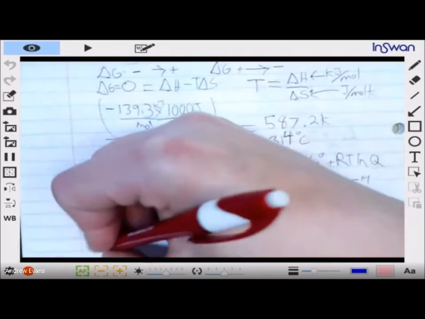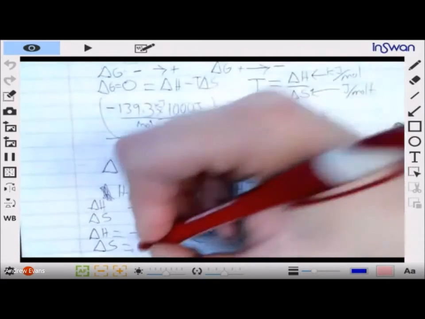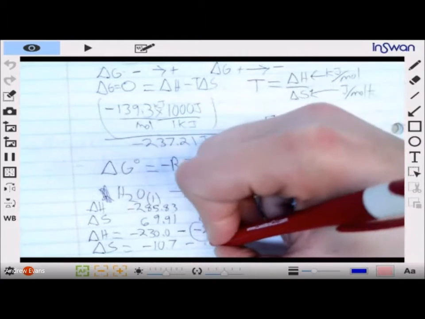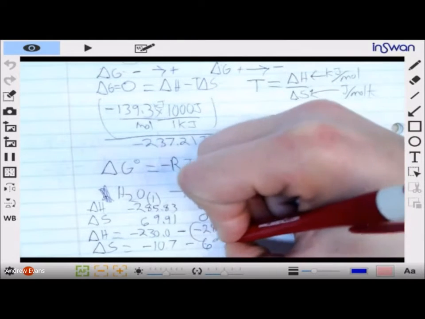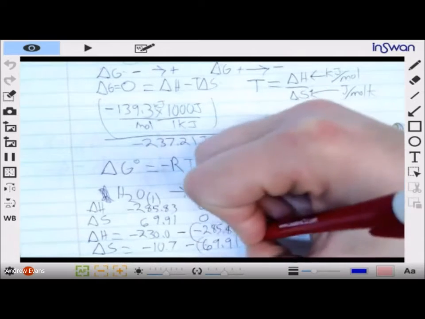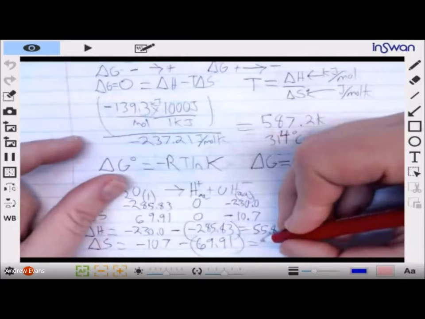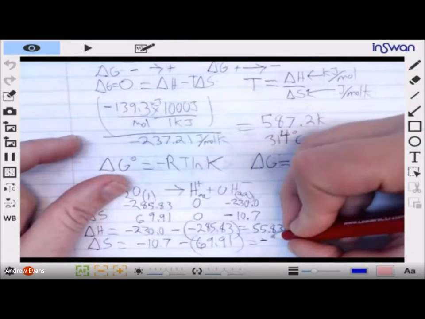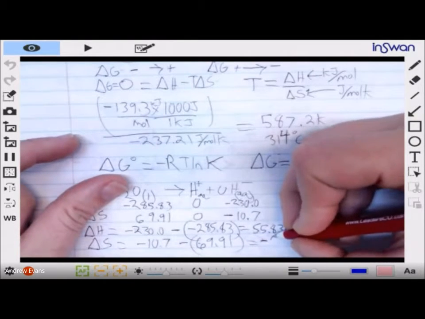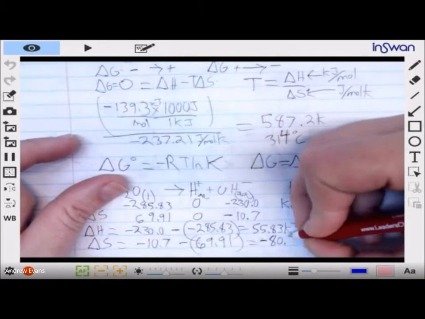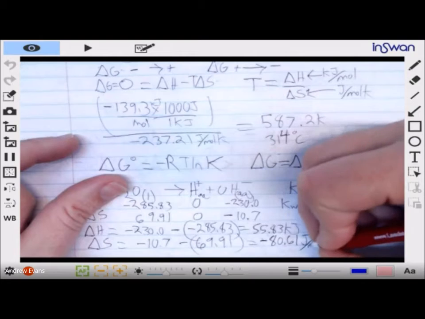Our S is going to be negative 10.7 minus 69.91. So that's going to be negative 80.61 joules per mole Kelvin.